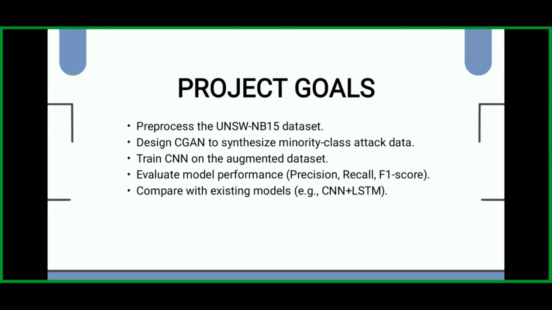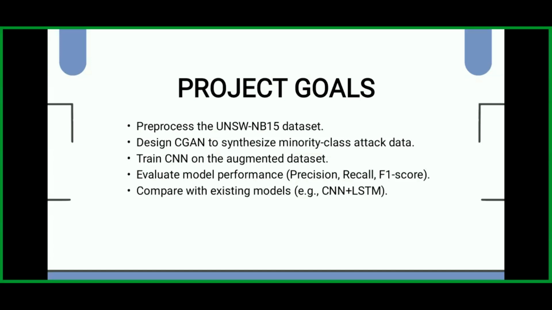So the project goals were, first, to pre-process the UNSW-NB15 dataset, which is publicly available on the website of the University of New South Wales in Australia. Then we designed the CGAN to synthesize minority class attack data. Later on, after we were done with the data augmentation, we trained the CNN on this augmented dataset to detect a number of attacks.